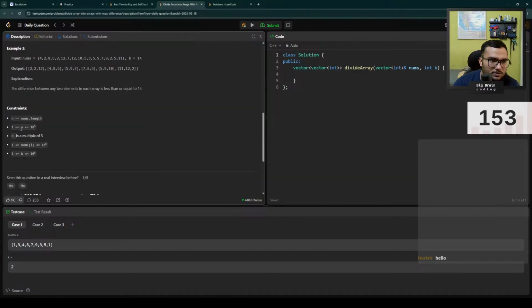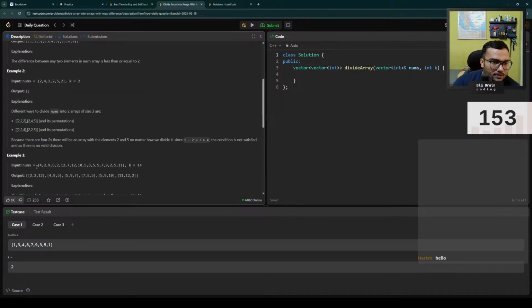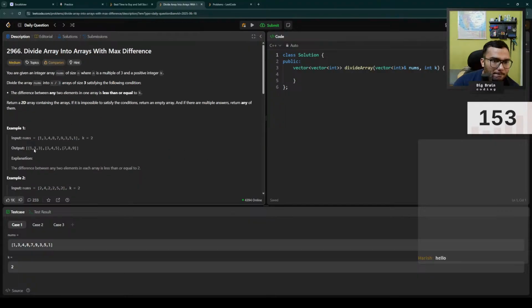Let's see down here. nums[i] is always positive, which is good. Okay, so this k is good. Initially I thought it's just a sort, but it's not that easy.